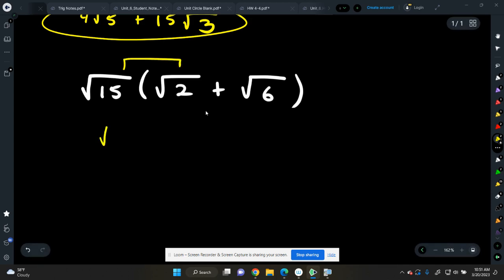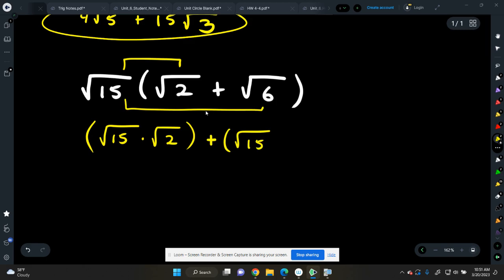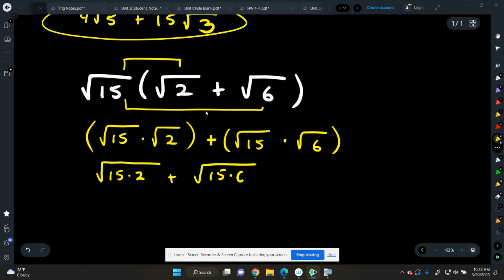So we're going to do the square root of 15 times the square root of 2 plus, we're going to distribute again, the square root of 15 times the square root of 6. So here we have the square root of 15 times 2 plus the square root of 15 times 6.